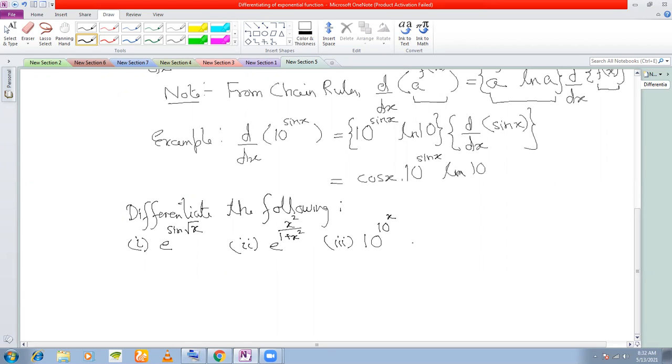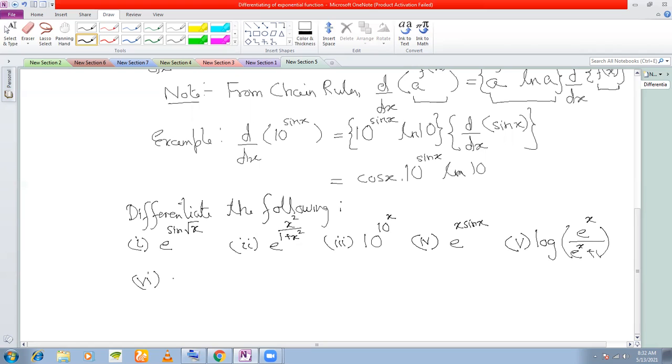Okay. Next is e to the power of x sine x. Okay. The next one is log e to the power of x by e to the power of x plus 1.